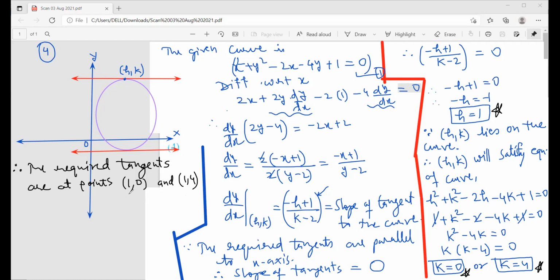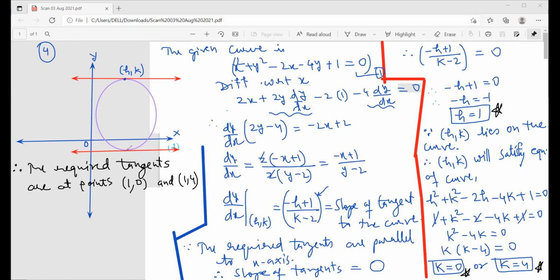Now see students, when it is 1 comma 0, see this diagram, as I said, it is not a perfect diagram. It has definitely some mistake in this. See 1 comma 0, this point is having y coordinate 0, so it is 1 comma 0. The tangent is at this point, somewhere here it is 1 comma 0.